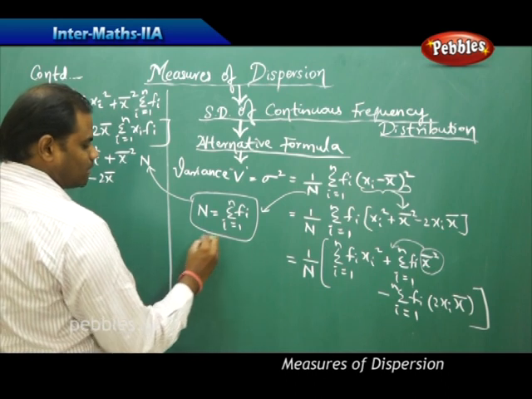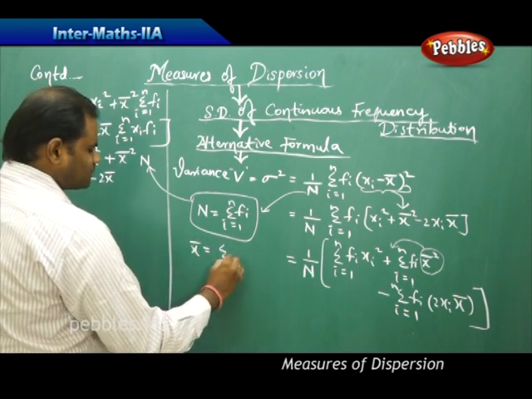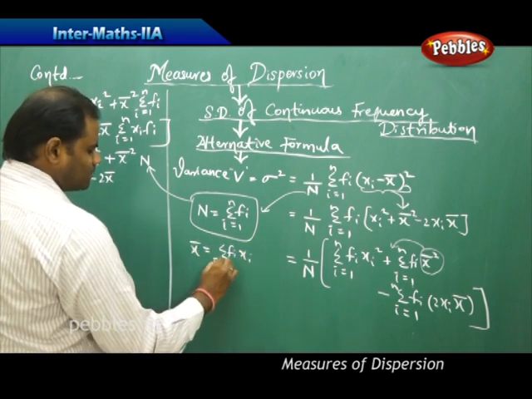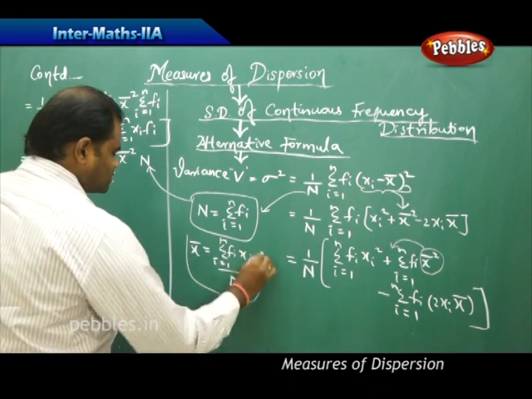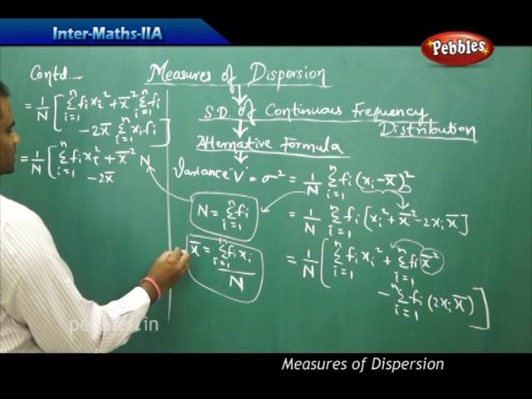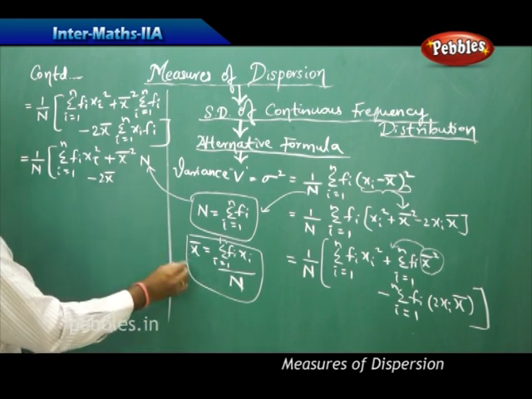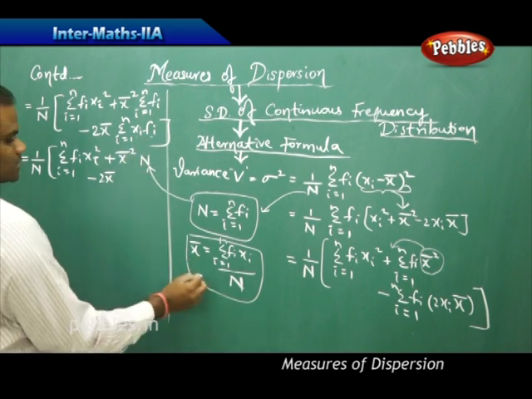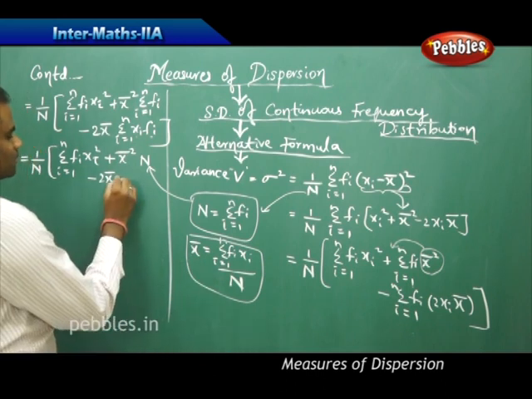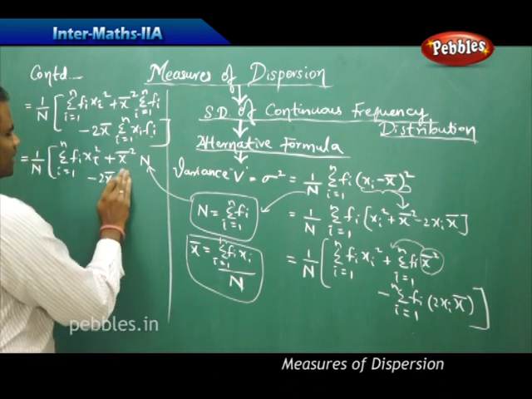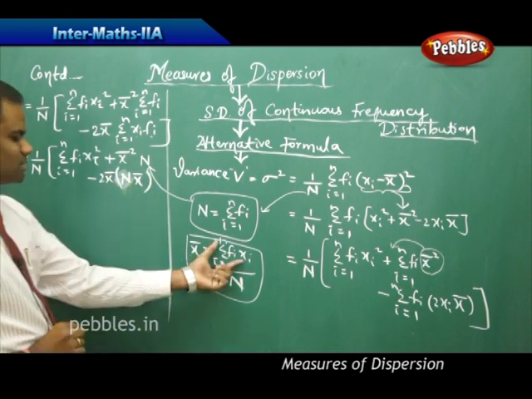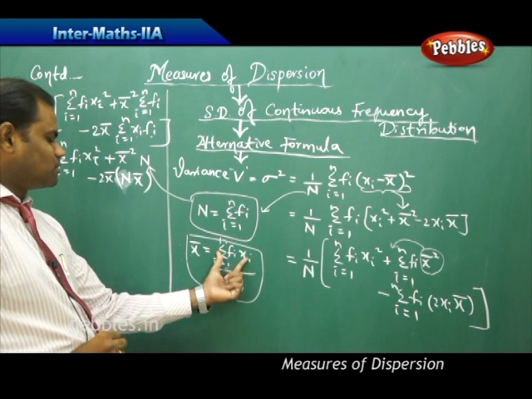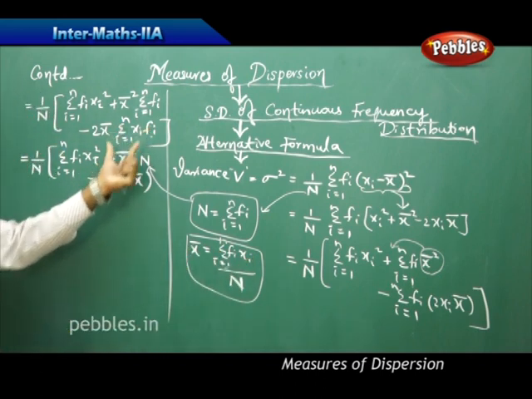Also I know that my x bar is sigma fi xi by n. So when I substitute this, sigma fi xi is nothing but n times x bar, because this is n into x bar. So in place of this I substitute n x bar out here.